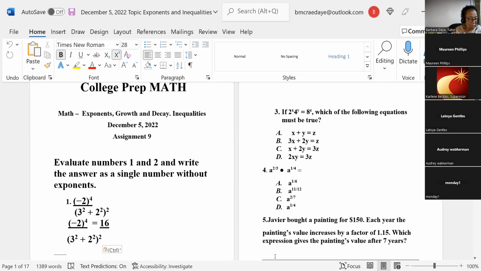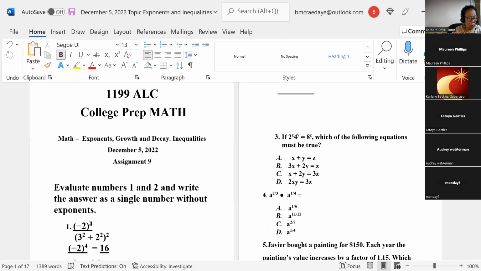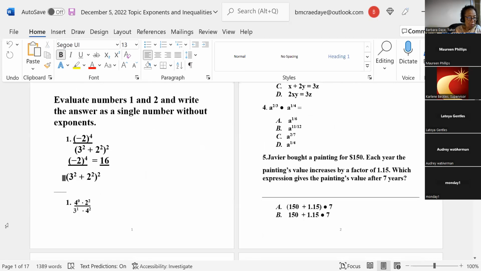Okay, so let's just take it step by step. Now, 3 to the 2nd is what? 3 to the 2nd is 18. 3 to the 2nd? 3 times 3?